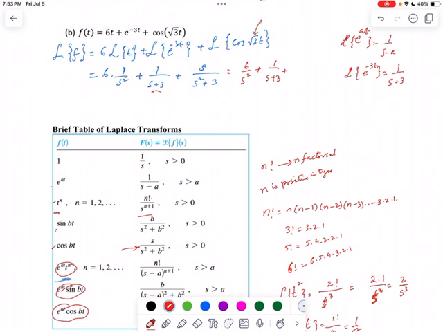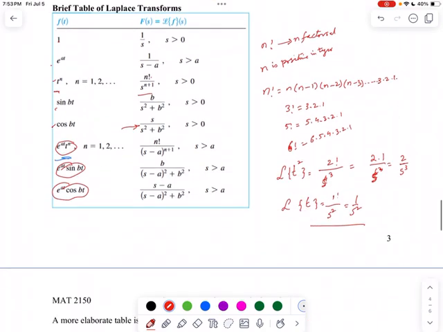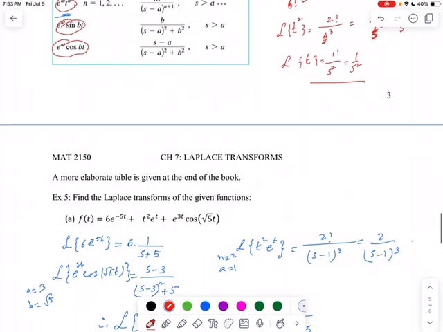The b is square root of 3. So it is s divided by s square plus b square. The square of square root of 3 is 3. So that will be... okay. Let's look at a couple more examples.